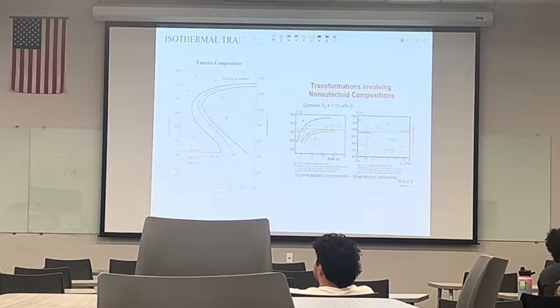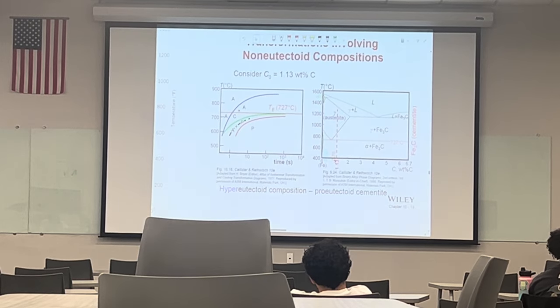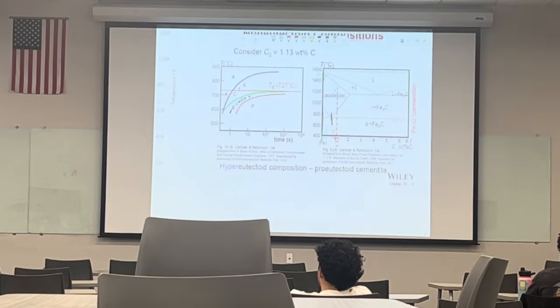But if you have a different composition, a non-eutectoid composition, the plot could be different. For example, this is the eutectoid composition, right? And 0.76 here. But if you have something at this red line, it could have a totally different figure compared to the eutectoid composition.